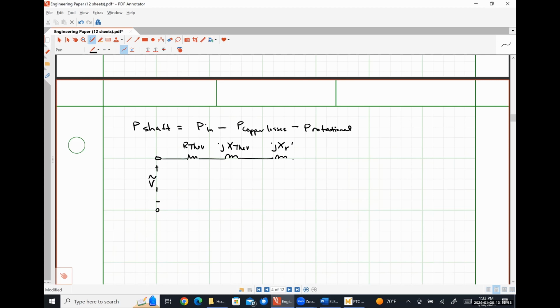JXR prime, and then RR prime over S. Here's my current I1.